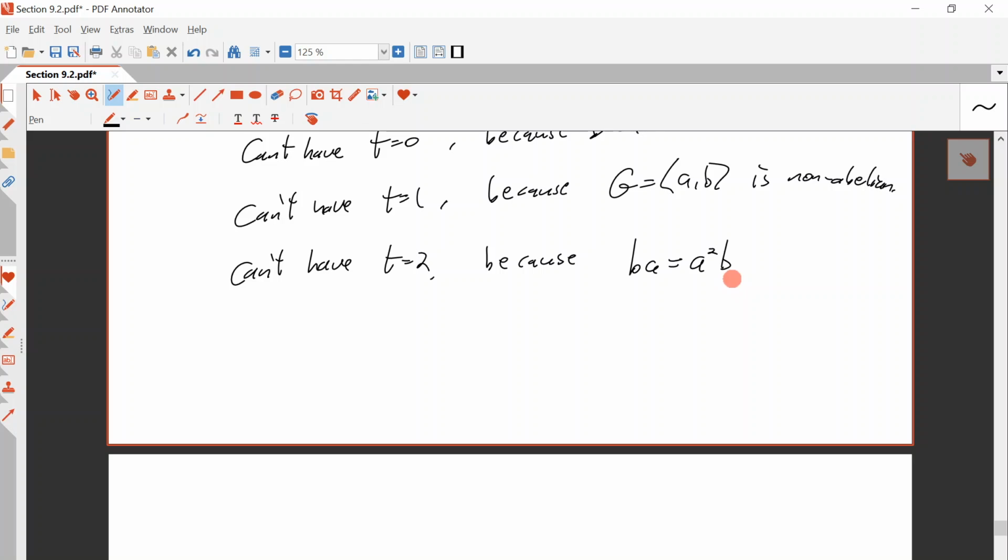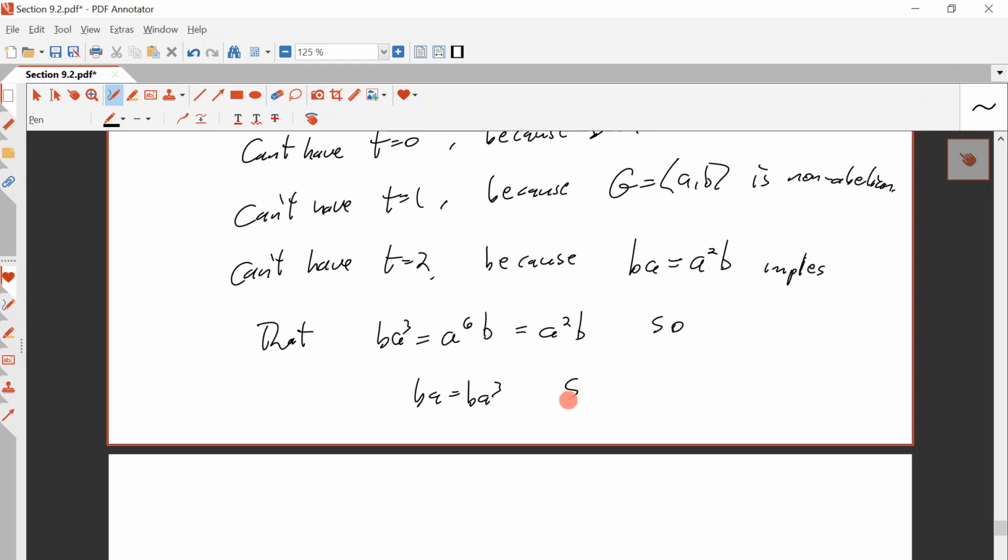Because BA equal to A squared B implies that BA to the third is equal to A to the 3 times 2, which is 6, B, right, which is equal to, since A has order 4, A squared B. So BA is equal to BA to the third.